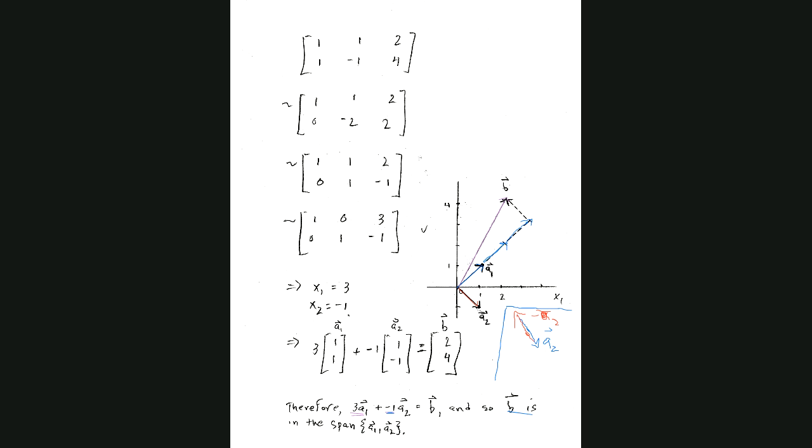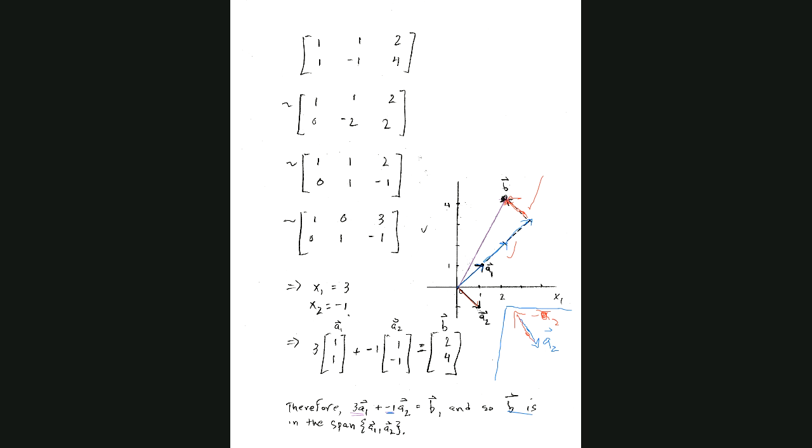So you're adding, and that shows that by doing 3 times a1 plus negative 1 times a2, you end up at the point b here.